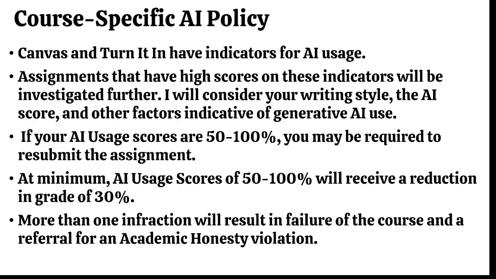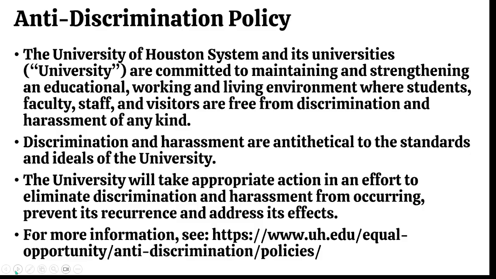And I hate to say this, but I'm not terribly worried about that 50% there, but like I said previously, if I get a 100% AI usage score on all of your assignments, I am going to eventually have to reduce that grade. More than one infraction will result in failure of the course and a referral to academic honesty violations.